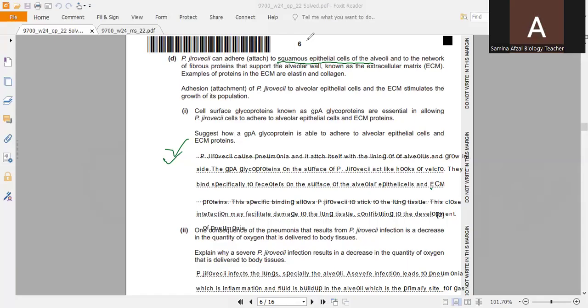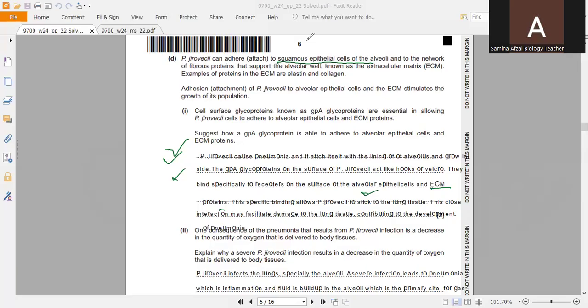This specific binding allows P. gyrovici to stick to the lung tissues. This close interaction may facilitate damage to the lung tissues, contributing to the development of disease. You can see the flexibility of the lungs is reduced when it is attached.